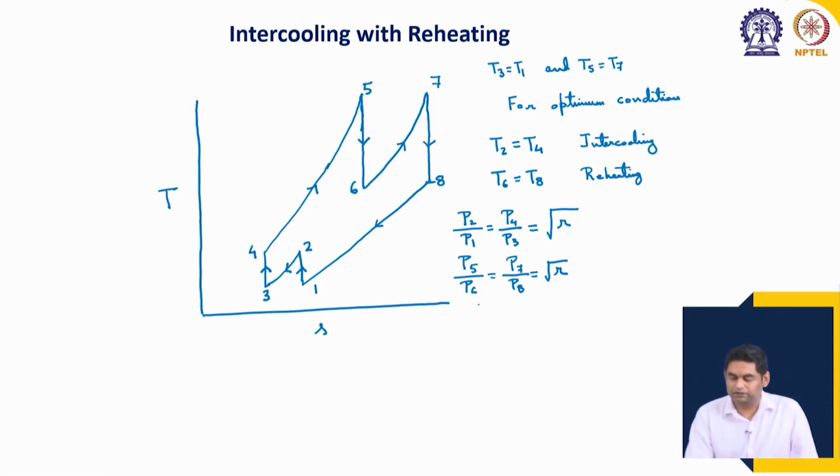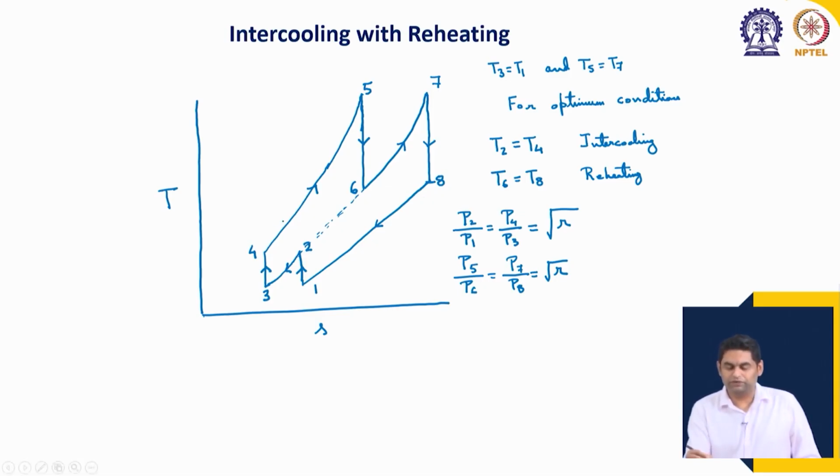All the 4 pressure ratios are the same, which means that the pressure at 2 is the same as the pressure at 6. Okay. So, pressures at 1 and 8 are the same. Let us say that if they are 1 atmospheric pressure, that will be the case. At 4 and 5 they are the same.